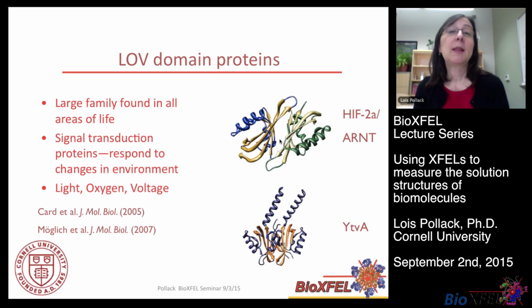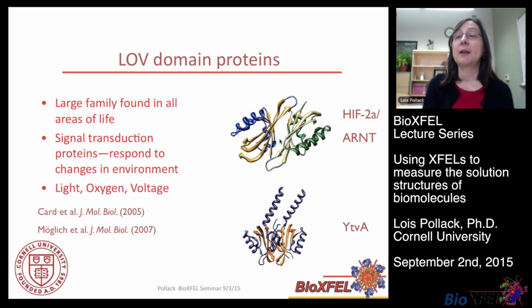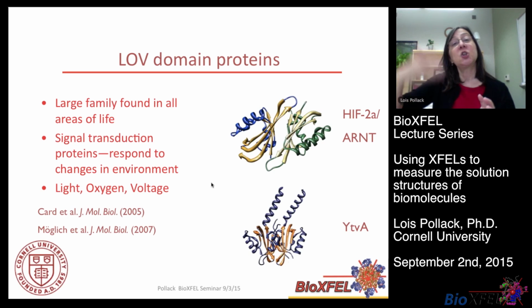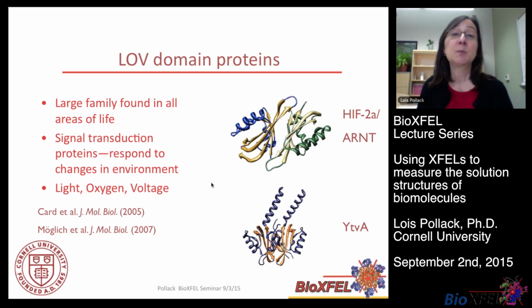The particular class of proteins that we've been interested in are these LOV domain proteins, where LOV stands for light, oxygen, and voltage. These are a large family of proteins, and they're found in all areas of life. And they're signal transduction proteins. That's exactly what they do. They respond to changes in the environment. So when the lights come on, these proteins have some kind of a change that sets other processes into motion, maybe turns on or off other genes.